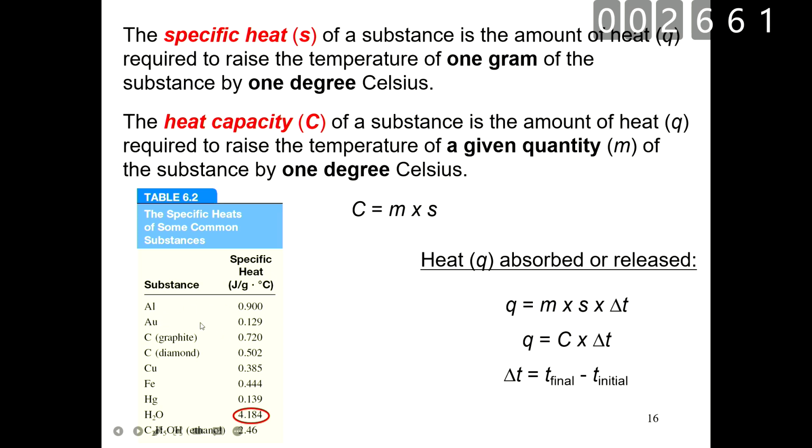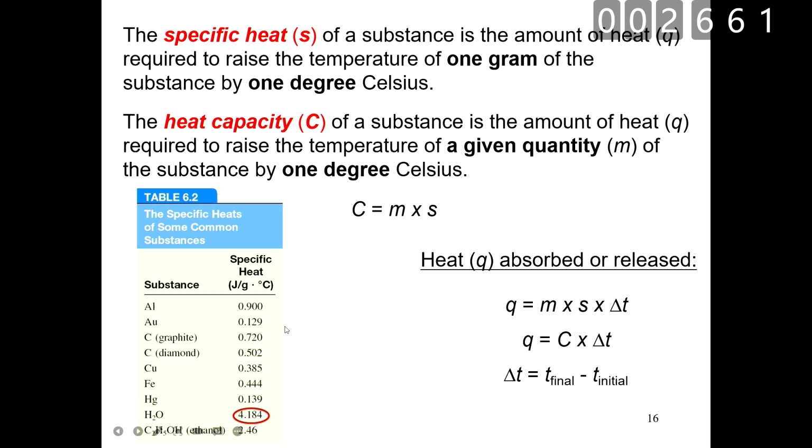From this sample, you can see these two are metals, and this is carbon. We can see the water value is much higher than the others, right? So what does this mean? It means it's more difficult to raise the temperature of water.